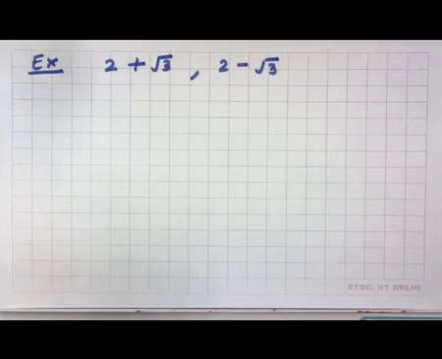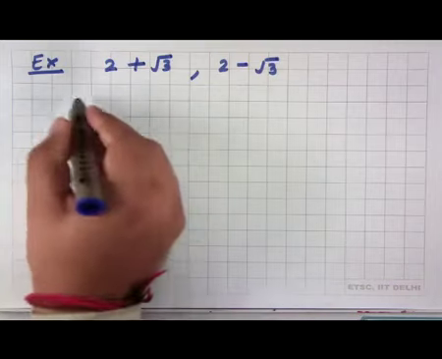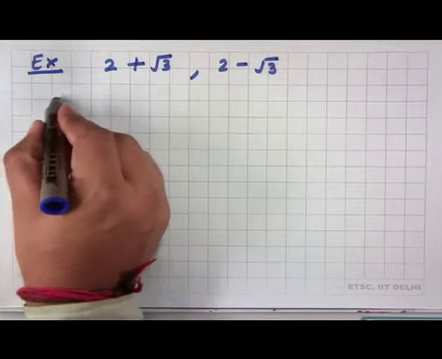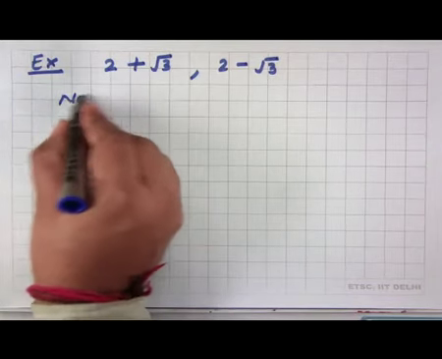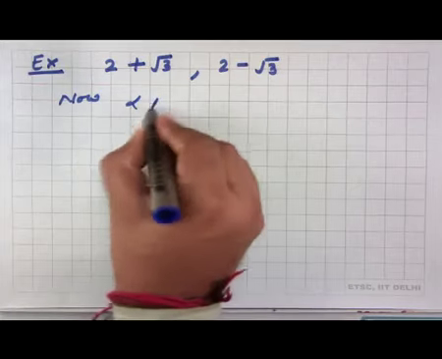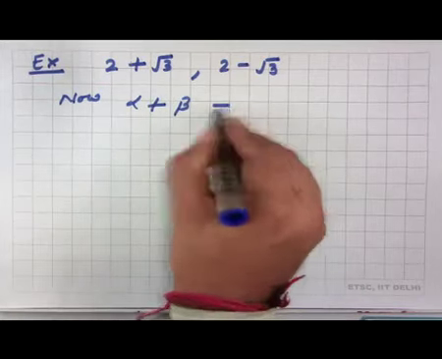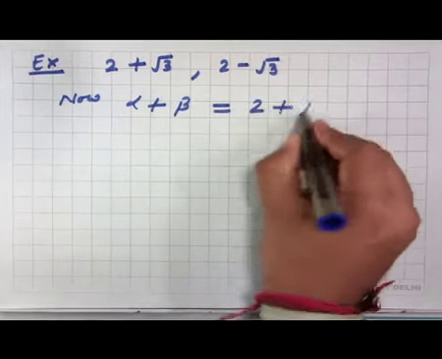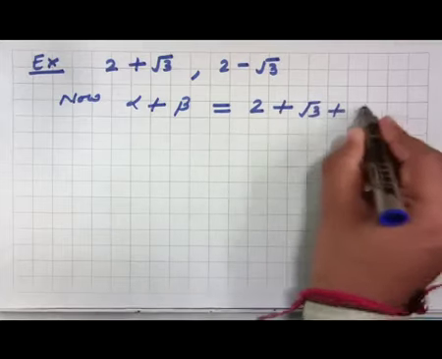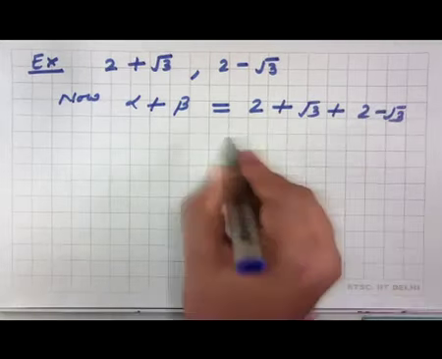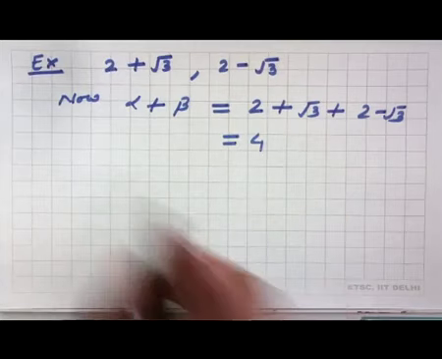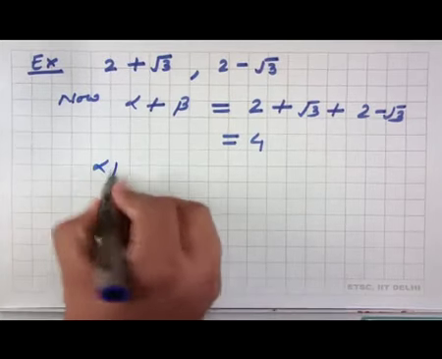These roots are in irrational form, so we can find the quadratic equation. Now, the sum of roots is alpha plus beta equal to 2 plus root 3 plus 2 minus root 3, which is 4. Now, we can find the product of the roots.